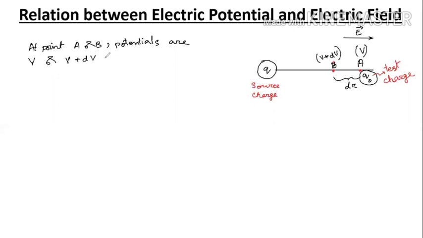These are the potentials, and A and B are separated by a distance dr.